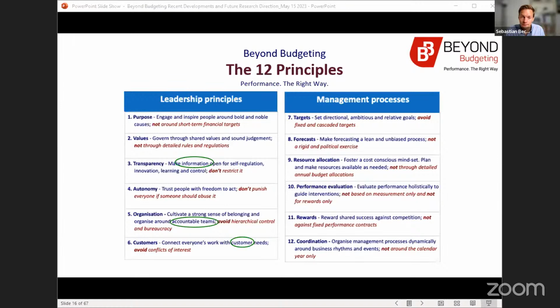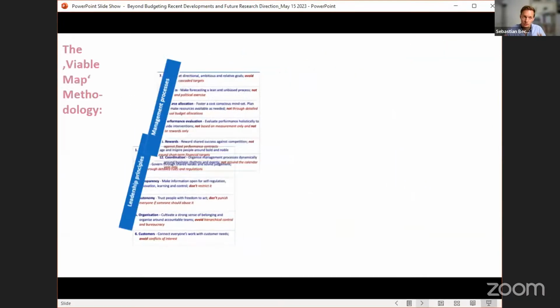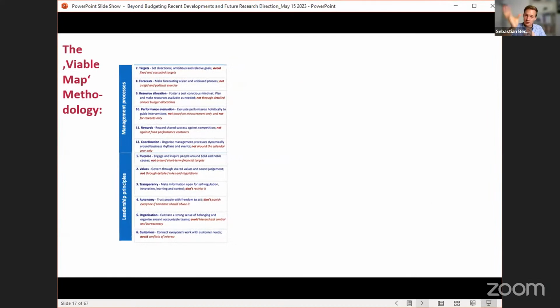So the Viable Map book is actually trying to allow companies to understand their management model better. In the Viable Map, we said, okay, let's turn these principles on their head. So at the bottom now, we have the leadership principles. At the top, we have management processes. And then we say, if this is your management model, these 12 principles, doesn't it depend on the environment that you have?